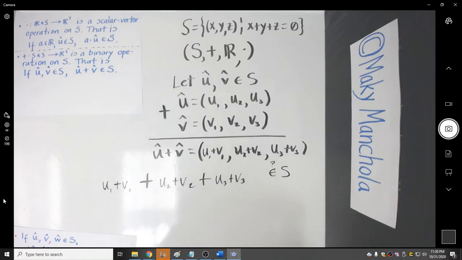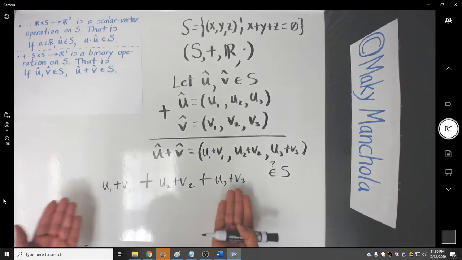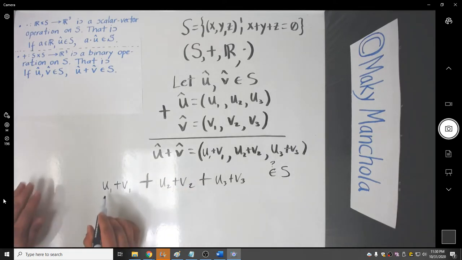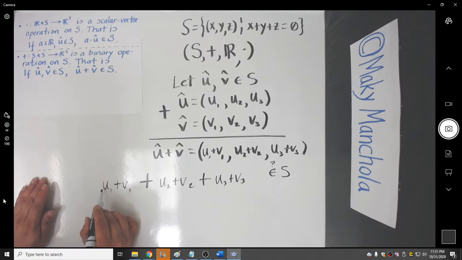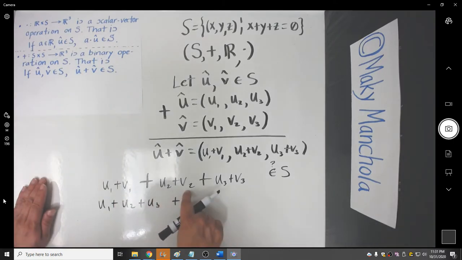Now, observe that this is addition of real numbers, so we can rearrange these terms. I can rearrange u1 plus u2 plus u3 plus v1 plus v2 plus v3.